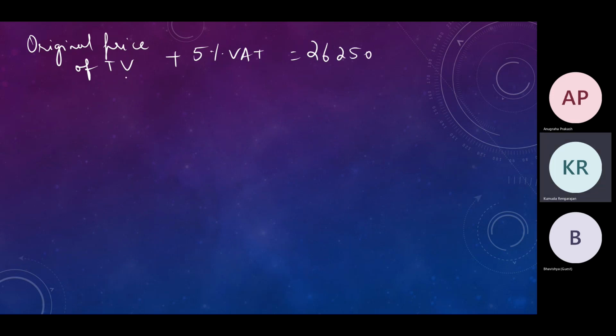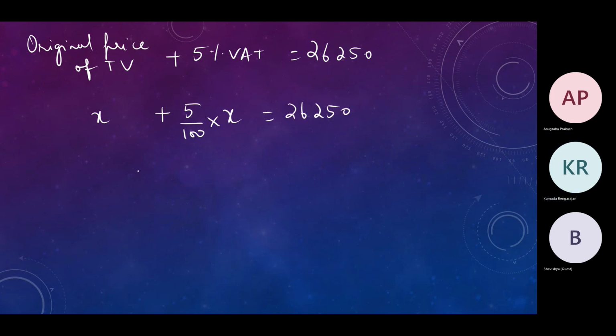Original price of the TV, that is whatever price is on the tag, plus 5% VAT equals 26,250, because it's including VAT. So let the price of the TV be X. VAT is always calculated on the original price. So 5% meaning 5 by 100 of X. That is 26,250. Yeah, please work now, Bhavishya. Yes, ma'am.